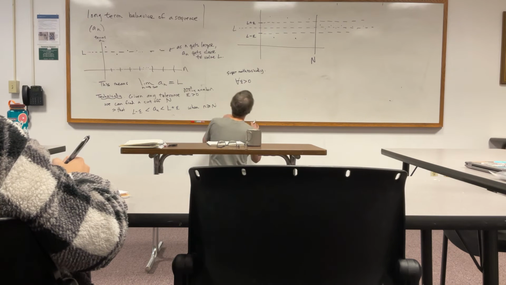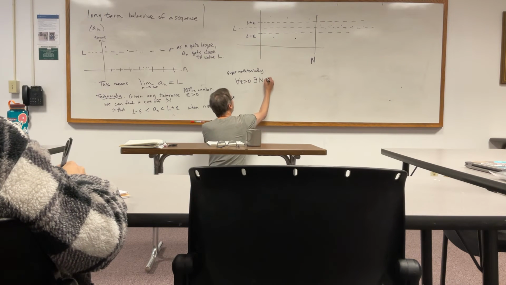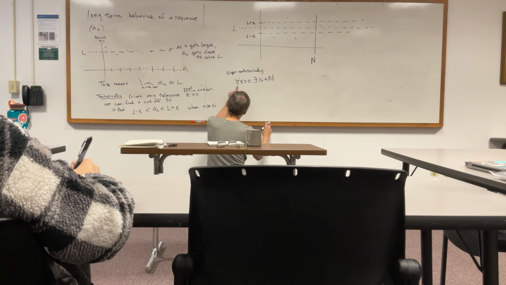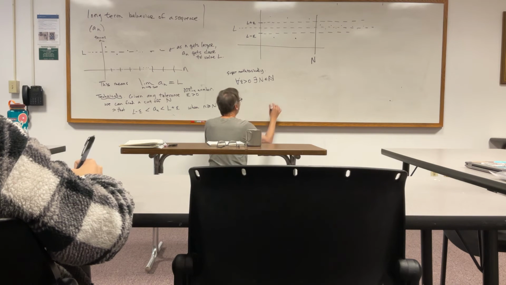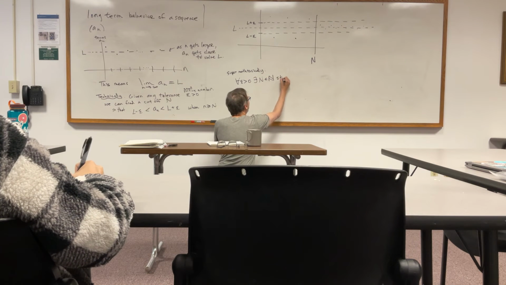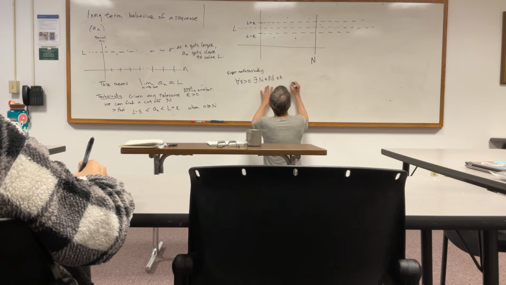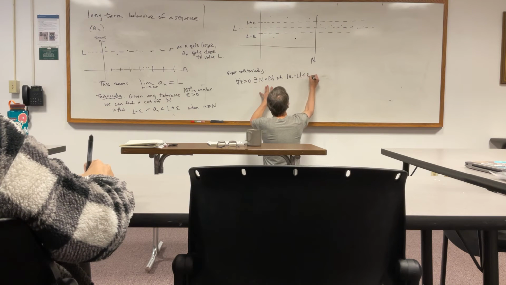For every positive epsilon, there exists an N, which is a natural number. Oh, let's look at that. For all epsilon, there is some N in the natural numbers, such that, there's even a weird little symbol for that, but I won't get too crazy, such that a sub n minus L in absolute value is less than epsilon.